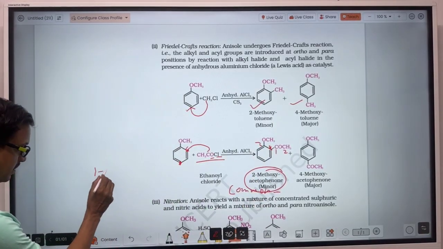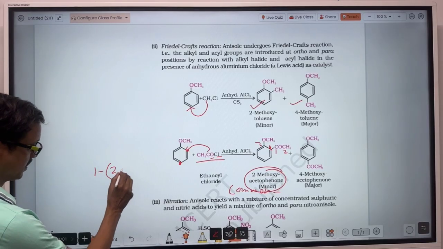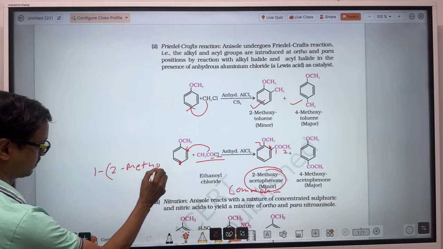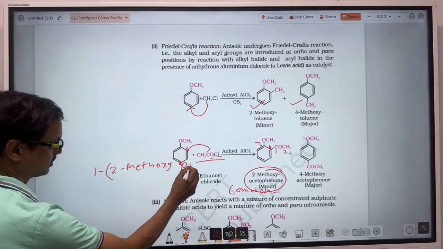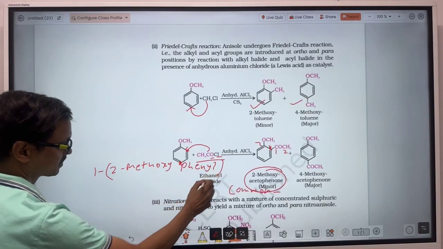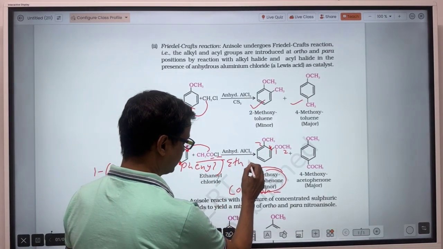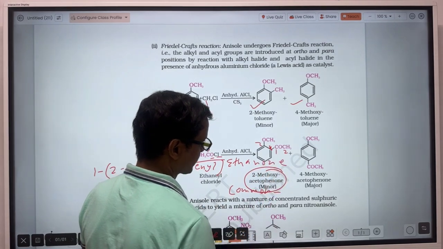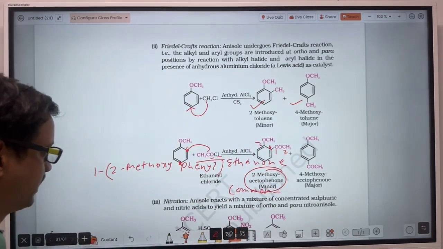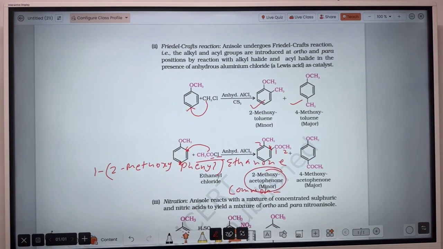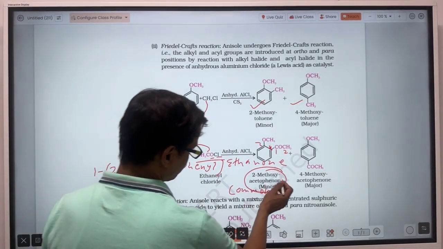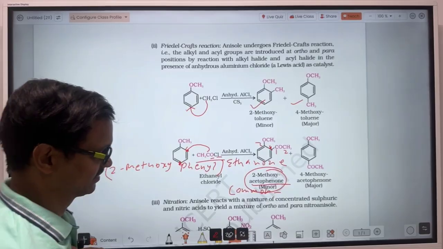So at the first position there is 2-methoxyphenyl, and this is ethanone. So the IUPAC name of this compound will be 2-methoxyphenyl ethanone, and the common name will be 2-methoxyacetophenone.